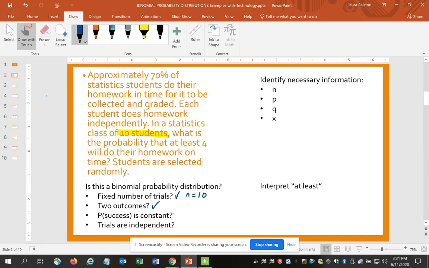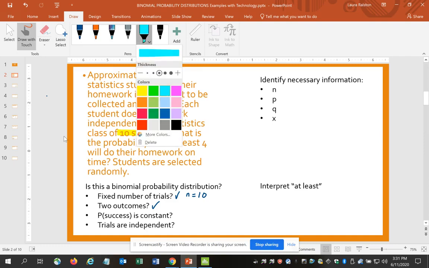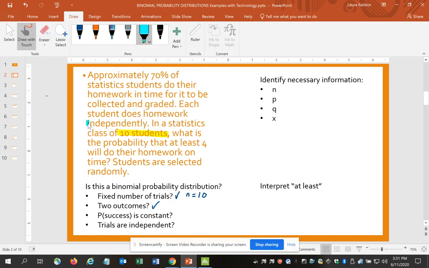Next, look at whether the trials are independent. The story clearly tells us that each student works independently, meaning they're not working together. What one does is not going to affect another. So we do know that our trials are independent.